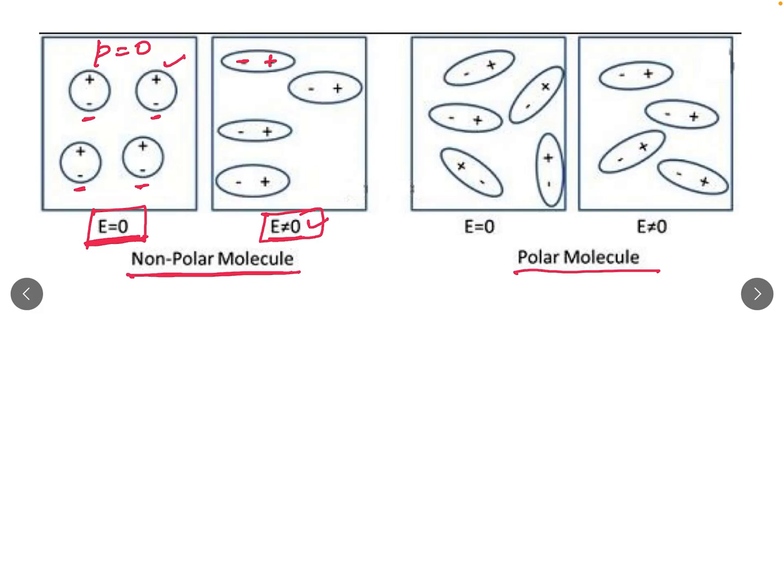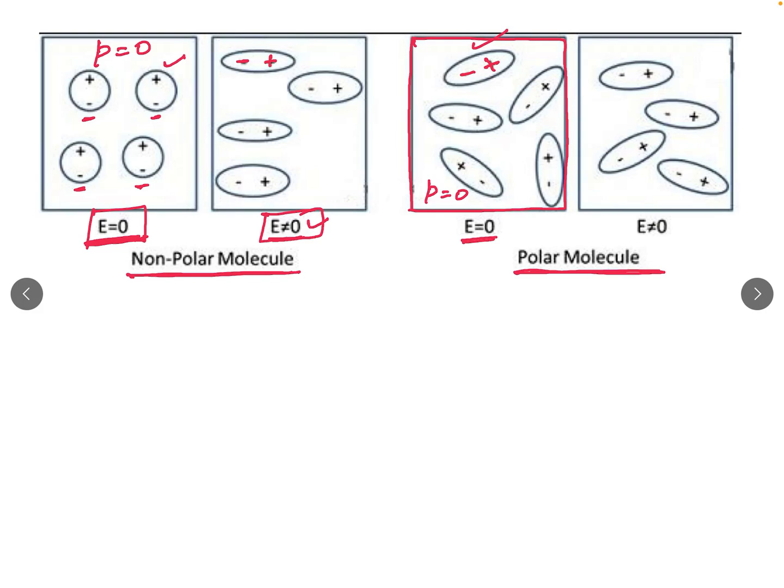Similarly, for polar molecules, when electric field is not applied, the polar molecules already have poles, so there is a separation between negative charge and positive charge, and the dipole moment of each molecule is there. But the net dipole moment of the whole material will be approximately 0 because these molecules are randomly oriented in different directions.